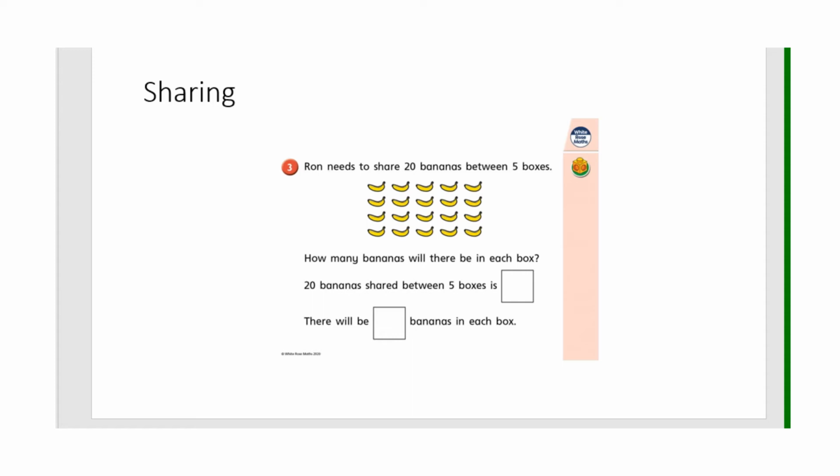So that would be 5 boxes. So 20 bananas shared between 5 boxes is 4. There's 4 in that one, 4 in that one, 4 in the middle, 4 in that, 4 in another. So there'll be how many bananas? 4, isn't it? 20 bananas shared between 5 boxes is 4, and there's going to be 4 bananas in each box. That's quite visual, isn't it?